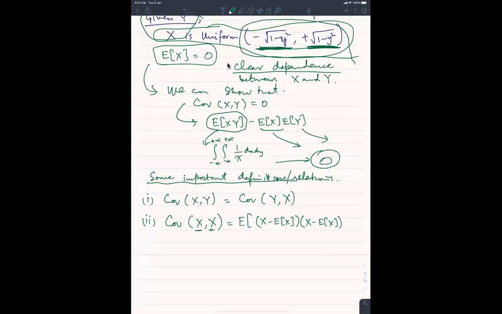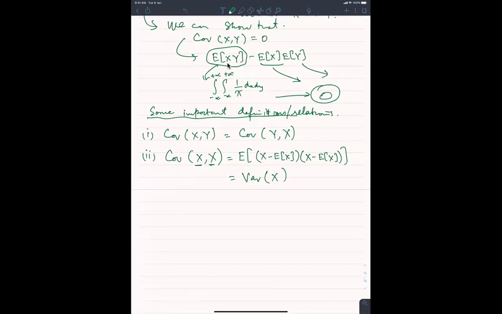And what is this definition? This is variance of x. Thank you, Gohar, and thank you, Hassan.